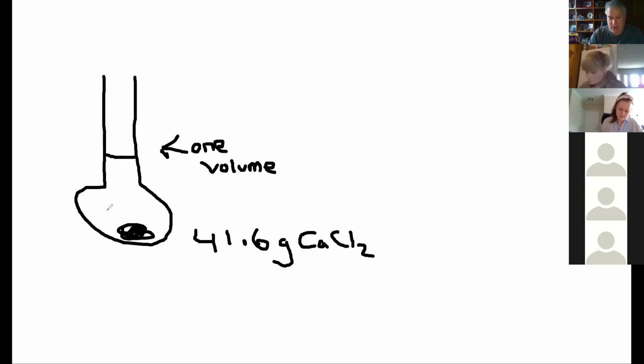Because we want it homogeneous, then fill up to that mark, and then mix up that volumetric flask to get it to dissolve. There are stoppers that go on the top of this thing. So usually what you do is you invert this thing and then mix that up real well to make sure your solution's homogeneous, because you want the same concentration here as you have here as you have here. Okay. All right.